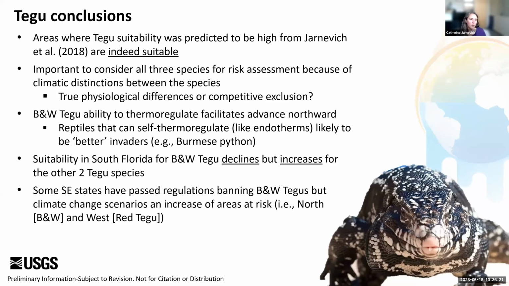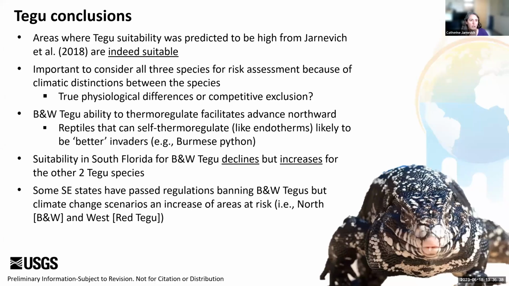So from this type of work, we can see that areas where tegu suitability was predicted to be high from our original work in 2018 are indeed suitable. So those are areas that tegus have since moved into and established.